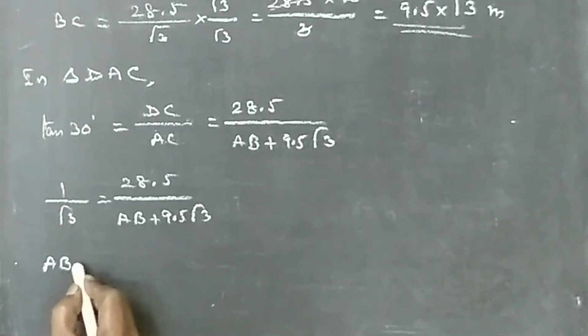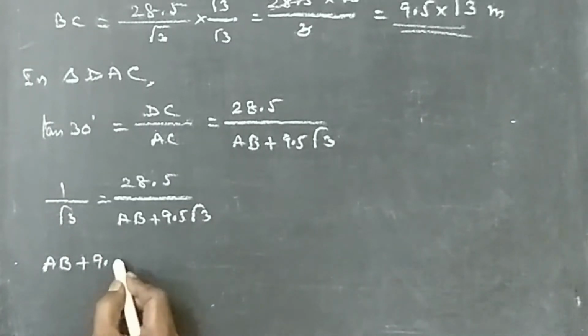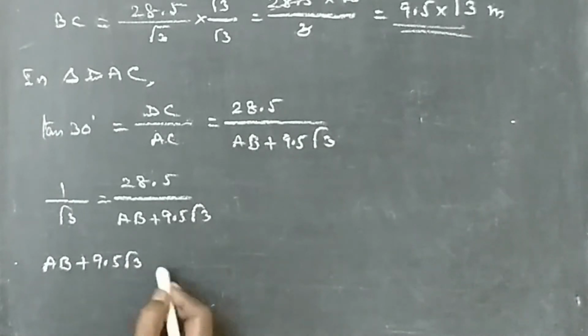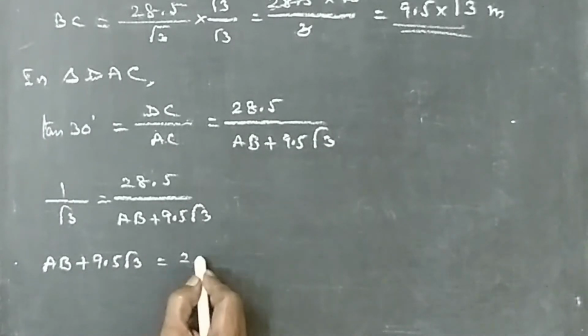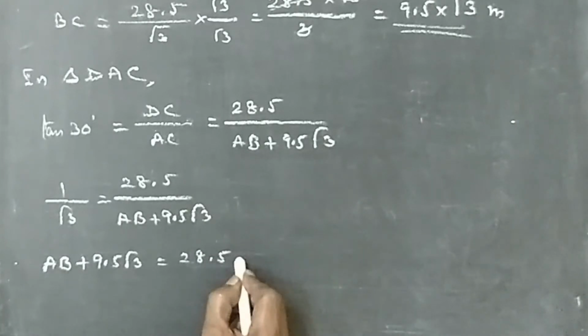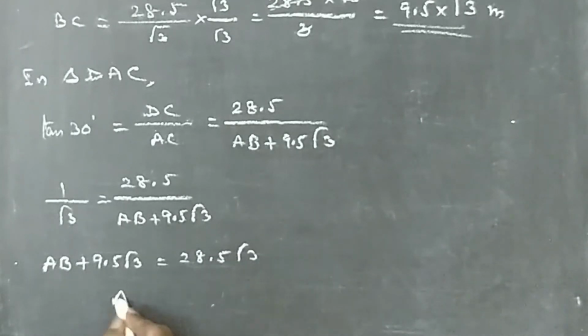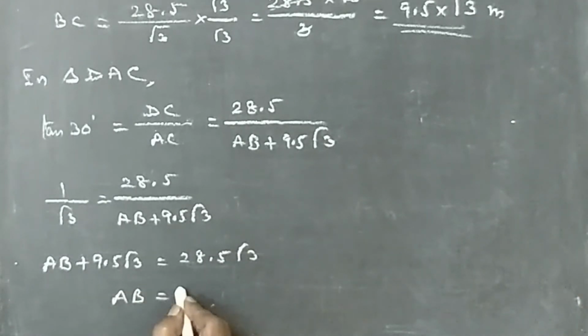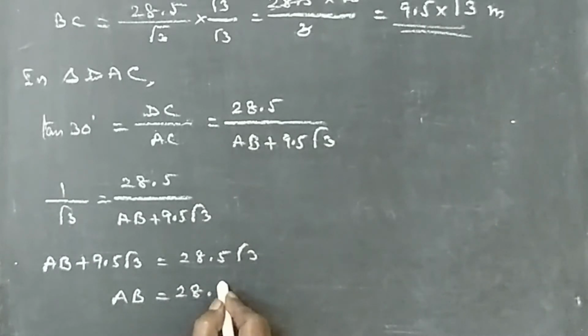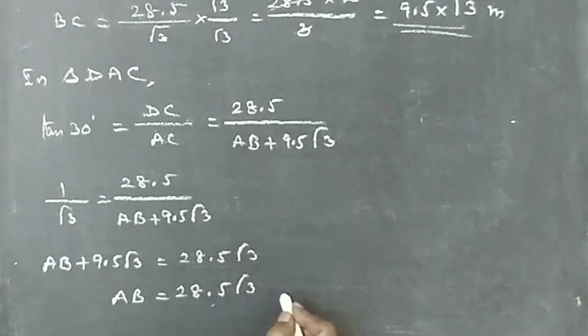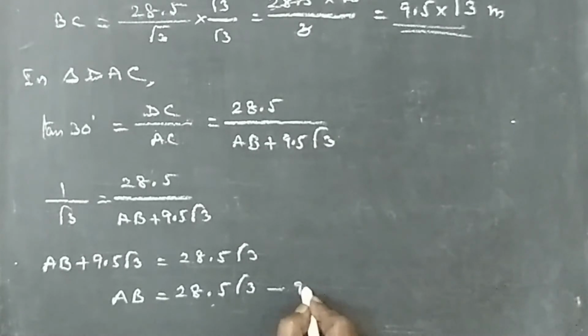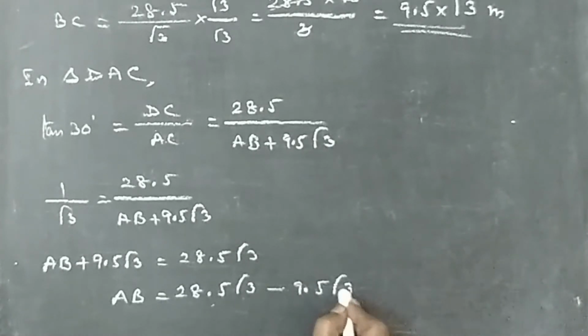Now AB plus 9.5 root 3 is equal to 28.5 root 3. Therefore, here AB is equal to 28.5 root 3 minus 9.5 root 3.